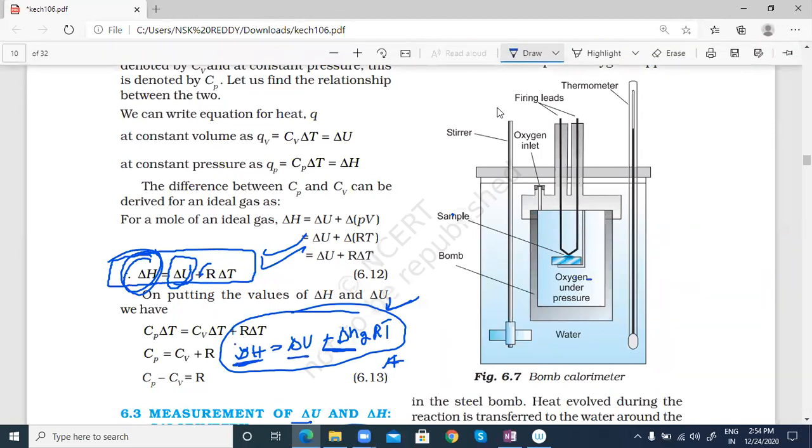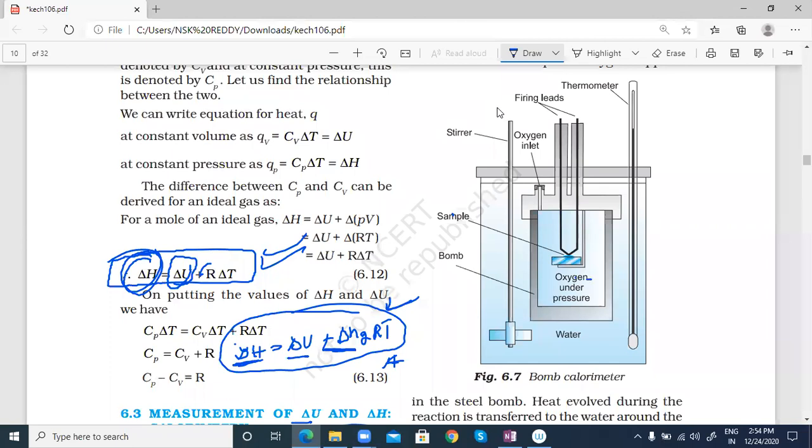Anything they can ask. In the calorimeter, you can see the arrangement here. This part they call the bomb. And here a thermometer is there to measure temperature. The stirrer stirs the water so that heat goes through the water and the complete water gets heated uniformly.